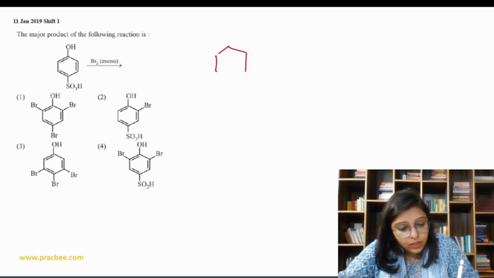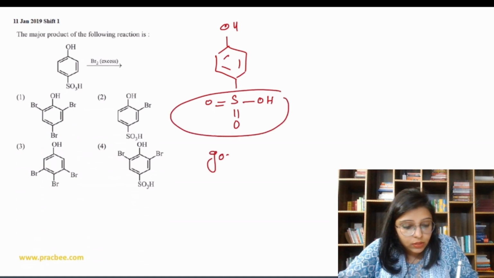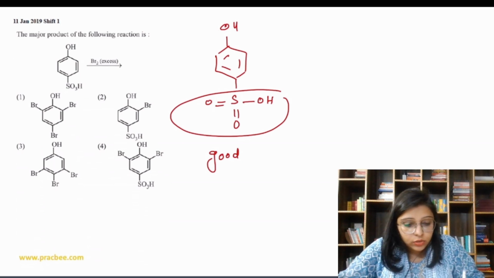So we have, this is the reaction of phenol. So we have OH, and this is SO3H. This is going to be a good leaving group.